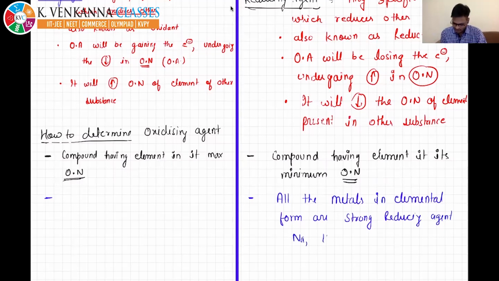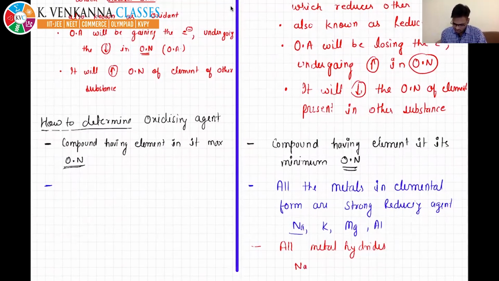Sodium, potassium, magnesium, or aluminum, you can write any one. All metal hydrides also, like NaH, KH, MgH2, these will behave as reducing agents.